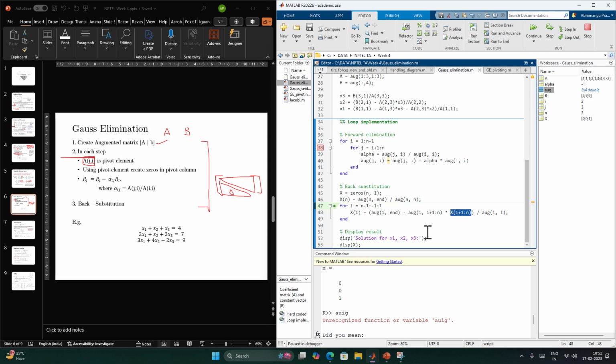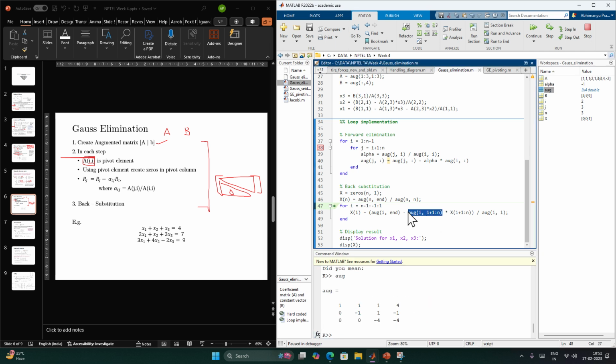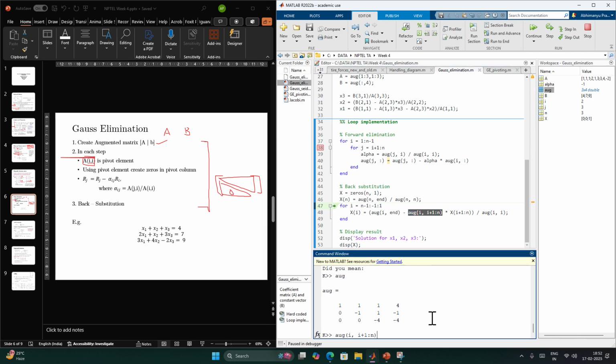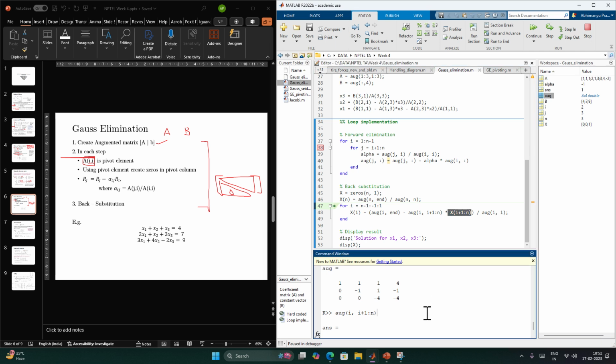So if I take I as 2, and I will just run this. So right now my I is 2 and n is 3. So I'm getting this part. And if I run this, I'm getting the last element, 1 times x3.